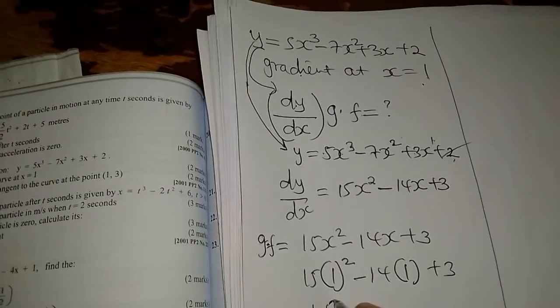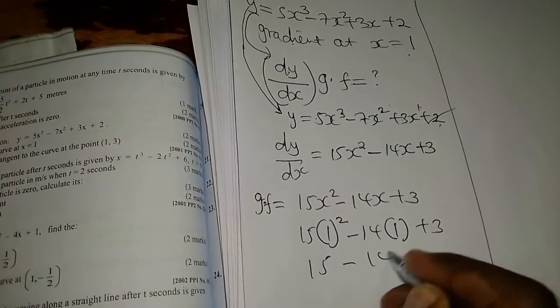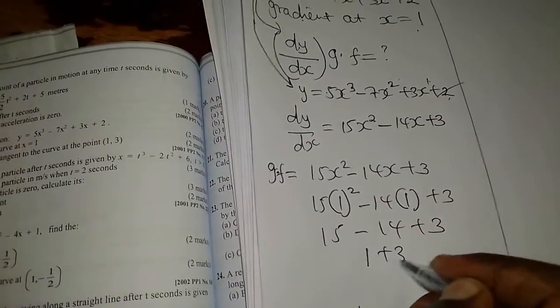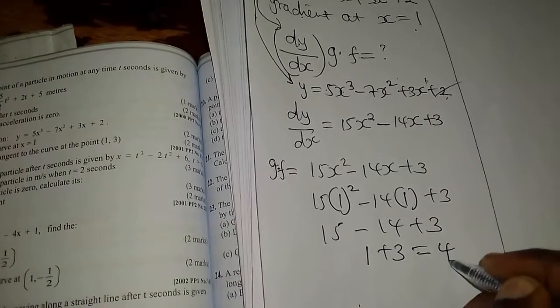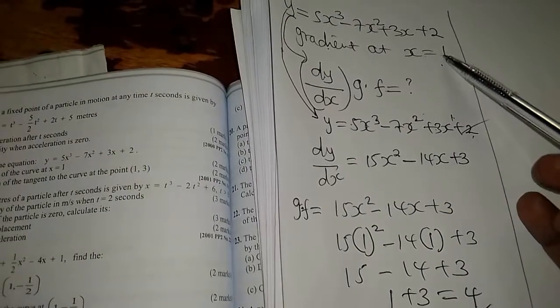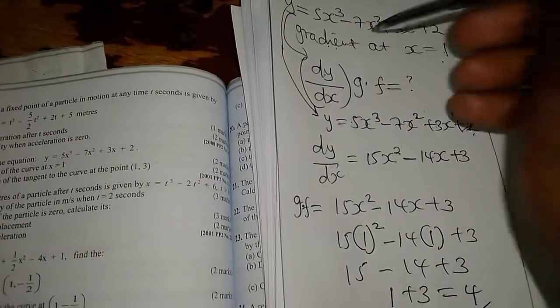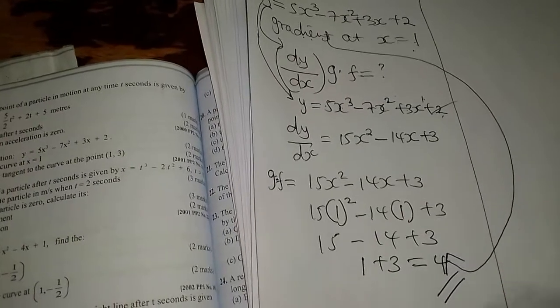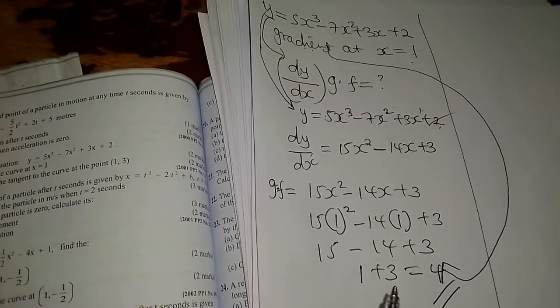This gives me 15, then 14, then 3, so 15 minus 14 plus 3. My final answer is 4. So at the point when x is 1, the gradient is 4. The gradient is 4. Correct.